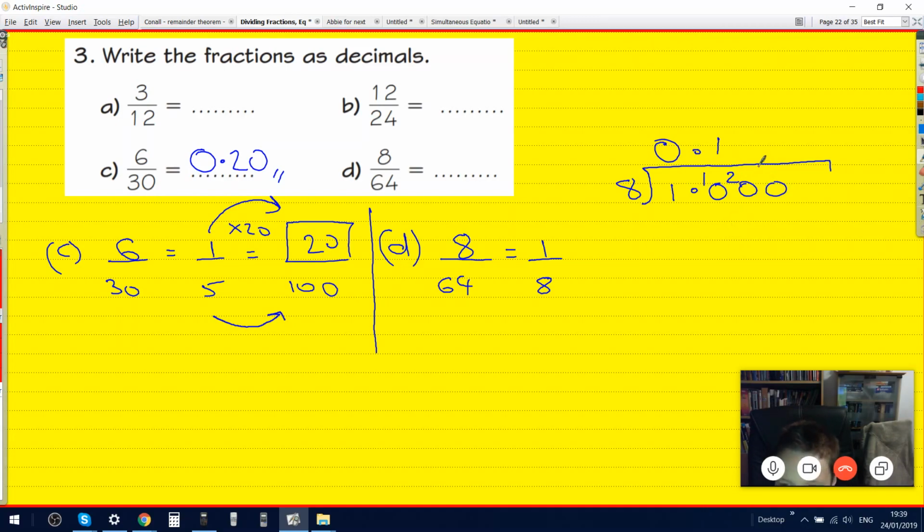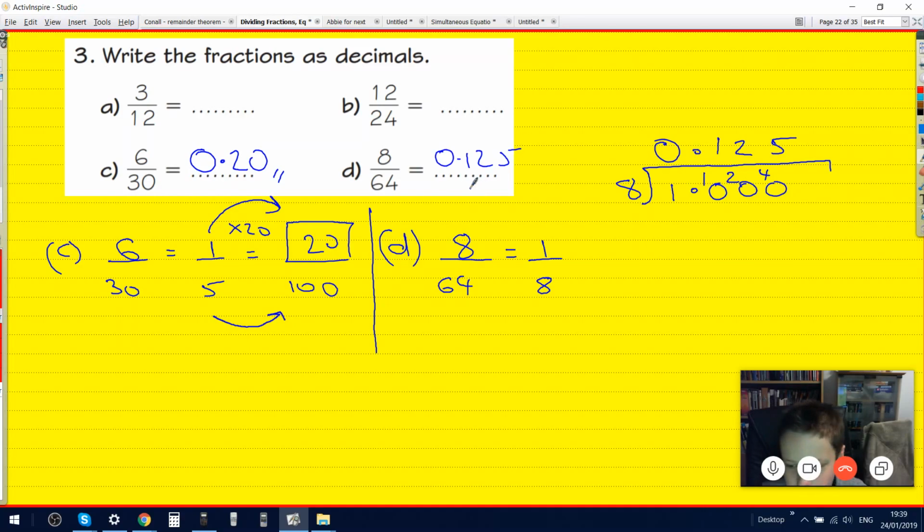That is twice with 4 left over. Well, 8 goes into 40 5 times. And so as a decimal? 0.125. Well done.